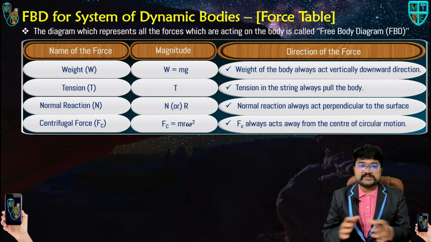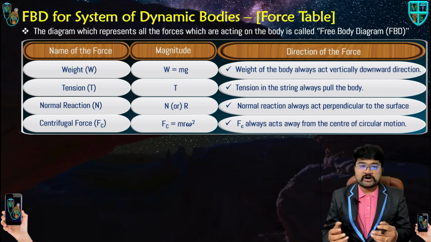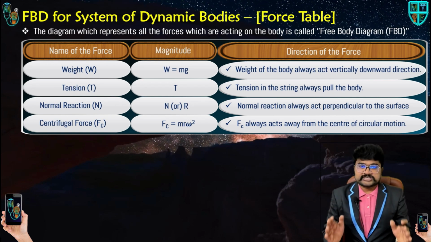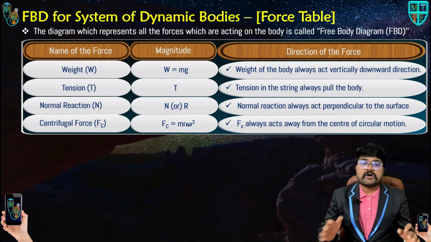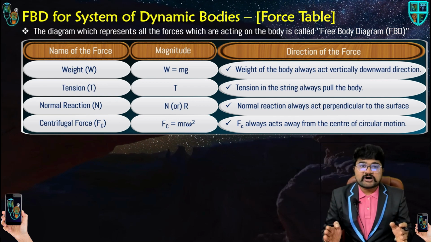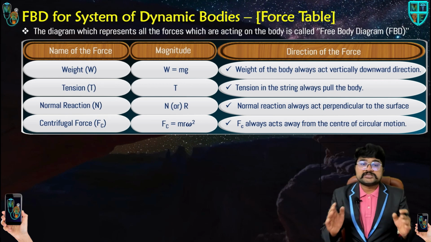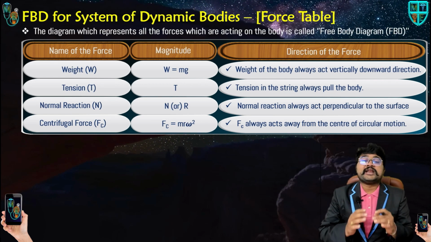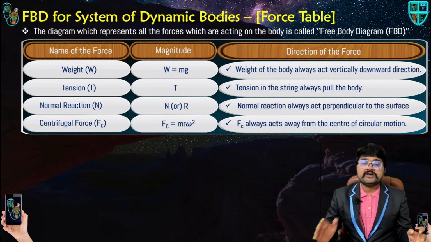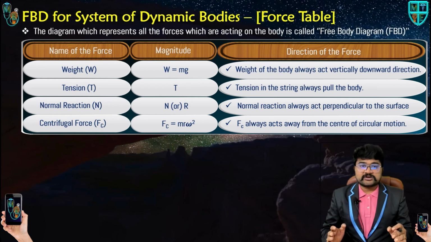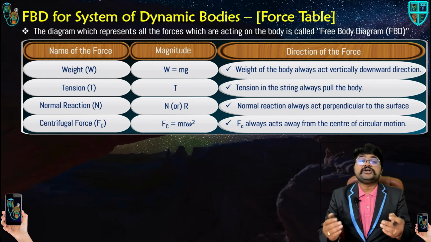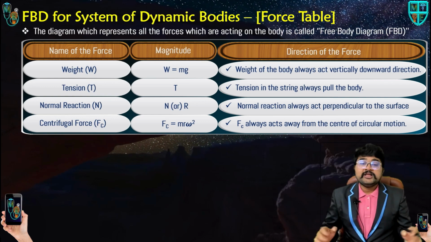And in this session, we will be focusing on centrifugal force. Centrifugal force always acts opposite to the direction of centripetal acceleration, that is radial acceleration. Radial acceleration always acts towards the center of the circular motion.